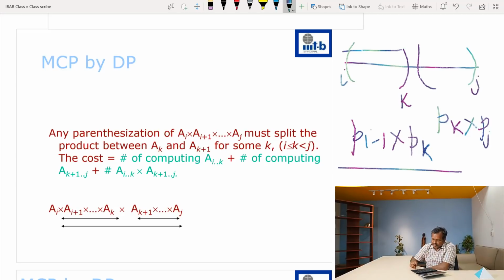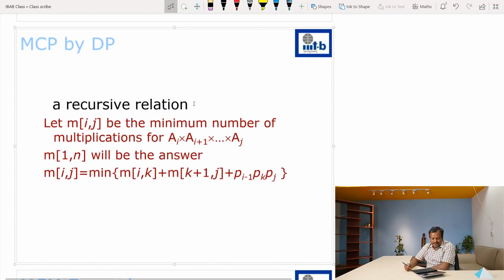So now let us define the state of the dynamic programming. It is clear now. We will write m of i comma j as the minimum number of multiplications required to multiply the matrices from i to j.